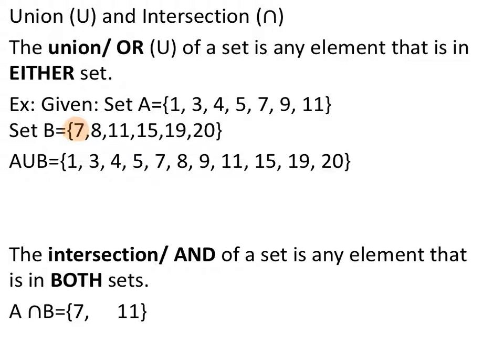I can see that it happens with the 7 right here, and that's shown in the set, and also the 11 here and here, which is part of set A and B. So that is why we have the 11 in the set A and B. Notice there's no other values because if we look at the elements of set A and B, there are no other elements that are part of both sets. So they don't appear in this list, A and B.